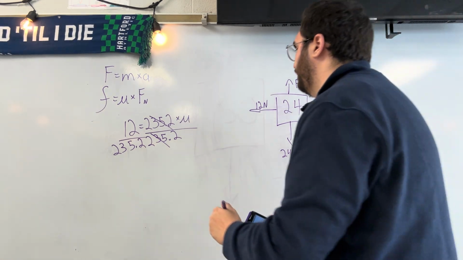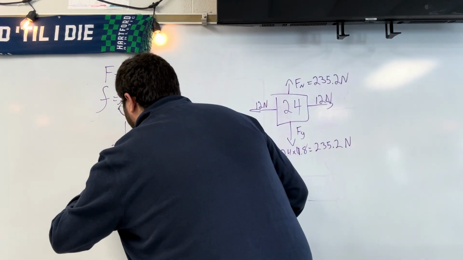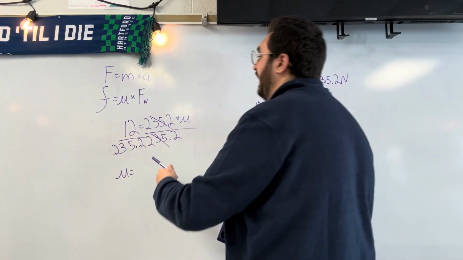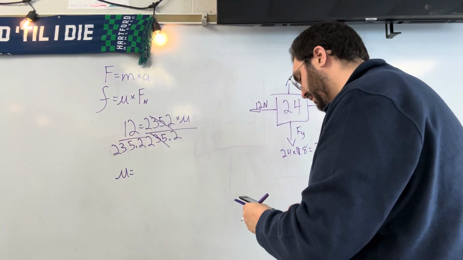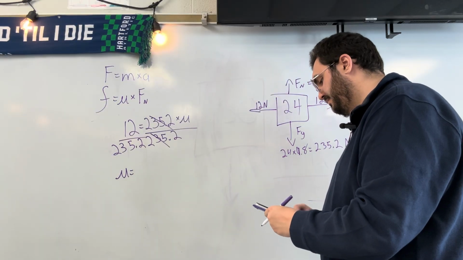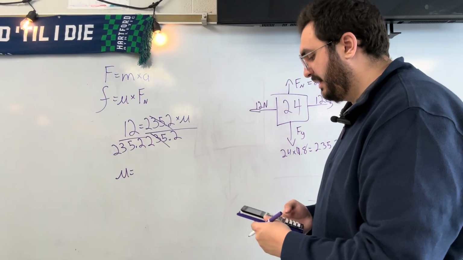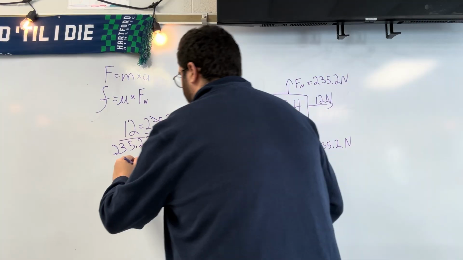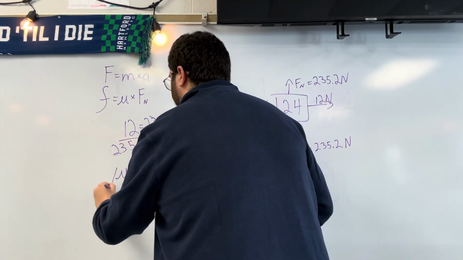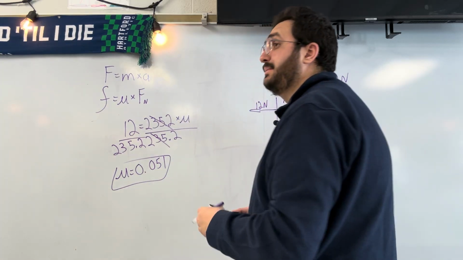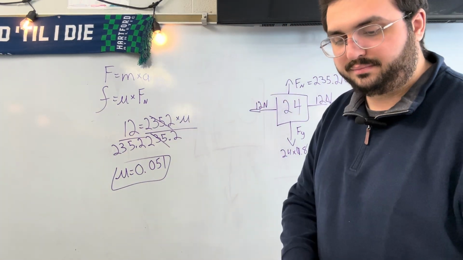So now I know my coefficient of friction will equal whatever 12 divided by 235.2 is. Let's see what that comes out to be. Doing that in a calculator, I get 0.051. That is my coefficient of friction.